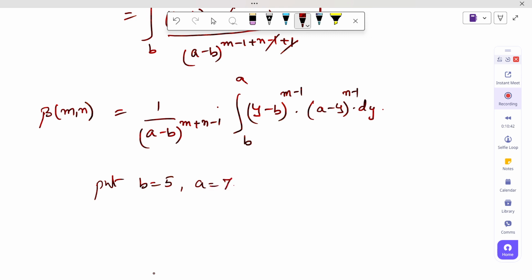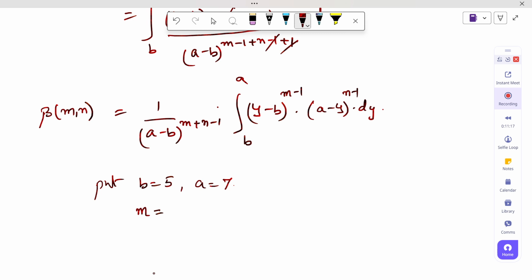What about your m and n? y minus 5 you will take. What is the power there? 6, so 6 is there. So how are you going to get 6? On what substitution should m be? Plus 6 is there.